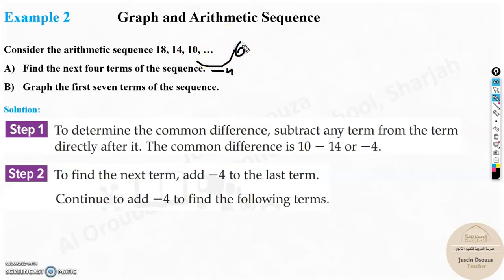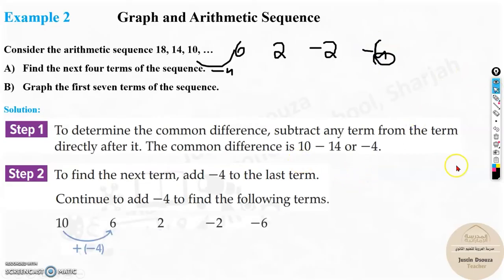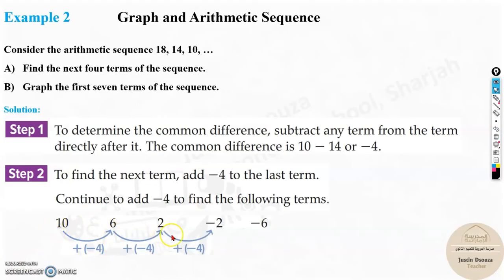It'll be 6. Then keep on adding minus 4. It'll be 2, then minus 2. Those would be the next terms. That is, keep adding minus 4 to 10. It'll be 6. Then it'll be 2, then minus 2. You can do it easily in your mind. Now you have found the next four terms.